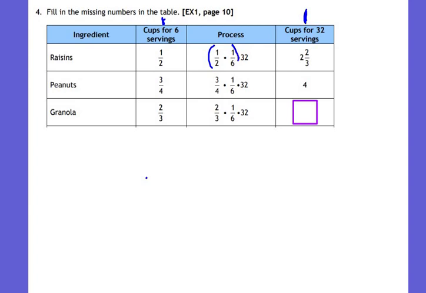So this part right here is finding per 1 serving. Agree? Because they divided that by 6. What's the times 32 then? It's after your answer of 1/2 and 1/6. Okay, then they're multiplying times 32 because we need how many servings? 32. Okay, so now I know what their process is here, that I can finish this granola.